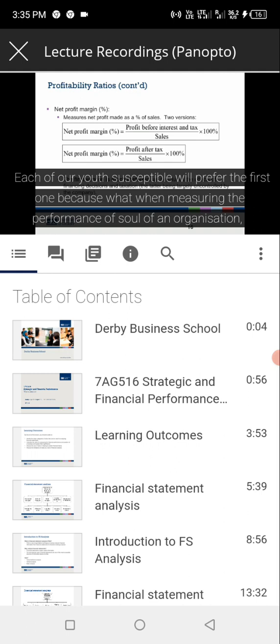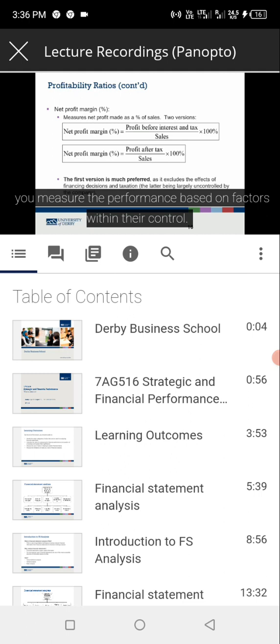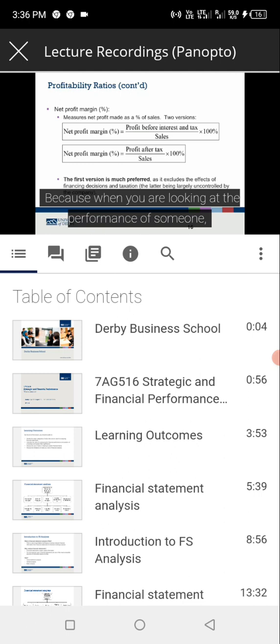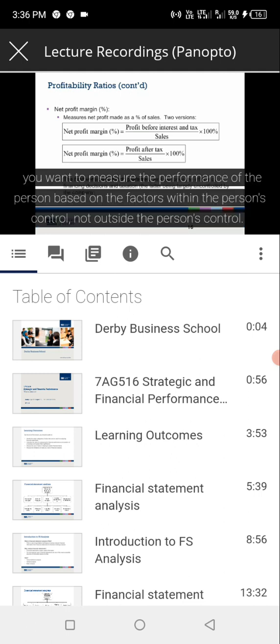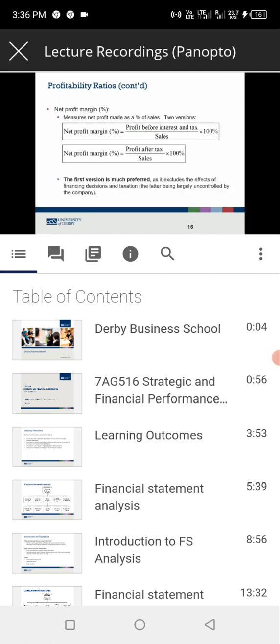When you are measuring the performance of someone or of an organization, you measure the performance based on factors within their control. Is that okay? When you are looking at the performance of someone, you want to measure the performance of the person based on the factors within the person's control, not outside the person's control. For example, if we decide to go for the second one, if you take profit after tax, the company has no control over tax.